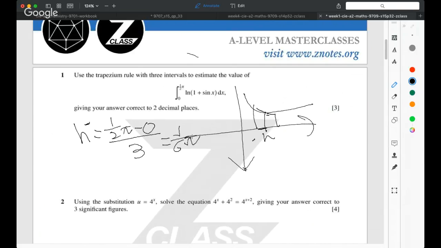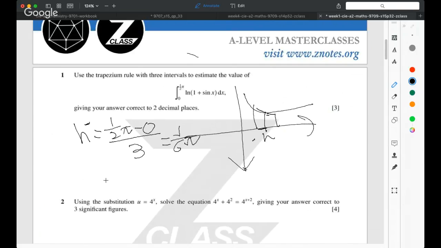So you divide them into 3 sections. Why did you decide to divide them by 3? Because we got 3 in the question.